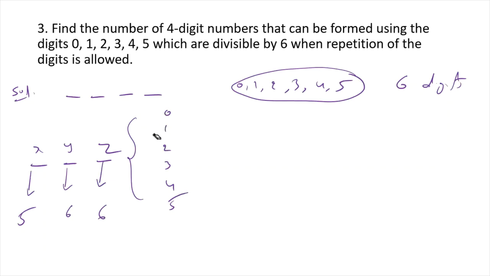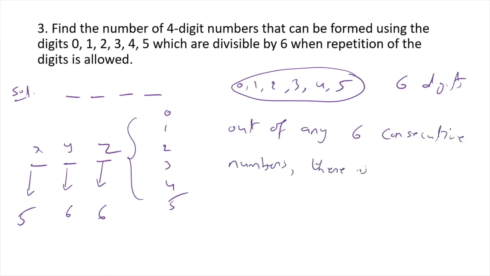Because out of these 6 consecutive numbers, there is only one number which is divisible by 6. So let me write the statement for you: out of any 6 consecutive numbers, there is only one number which is divisible by 6.